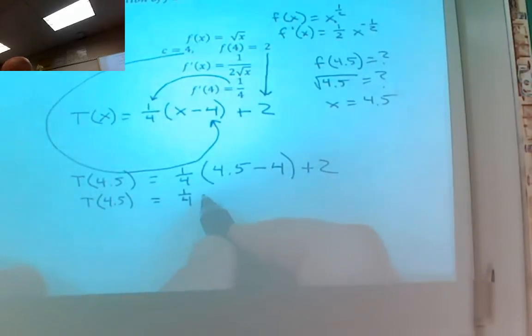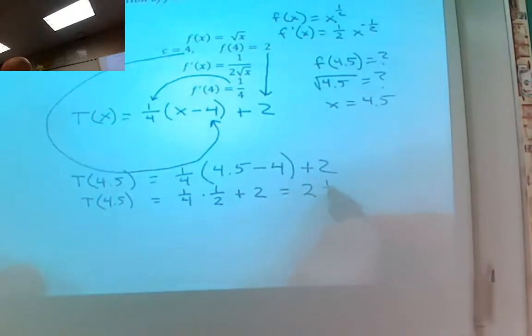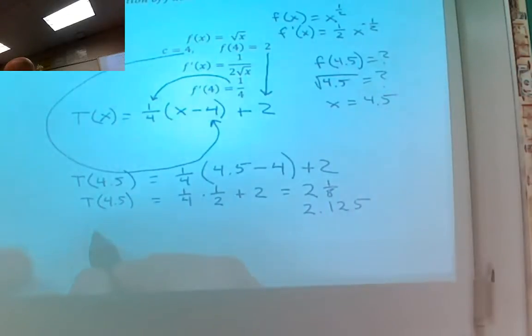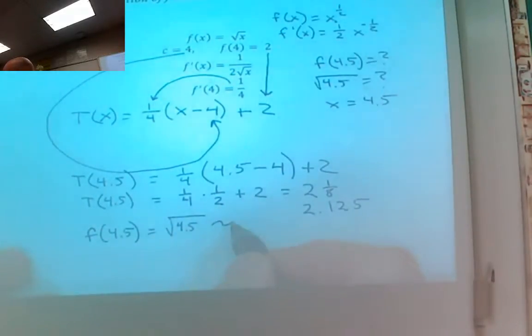Can I write that as 1/2? Are you okay with that? Plus 2. My answer is 2 1/8. Or, if people like decimals, 2.125. So f of 4.5, which is equal to the square root of 4.5, is approximately 2.125.